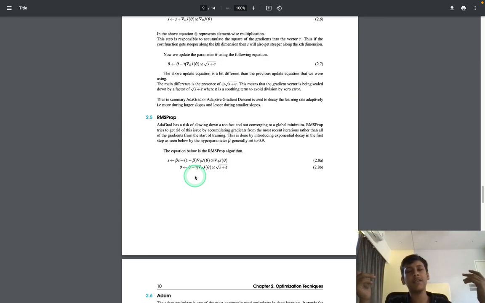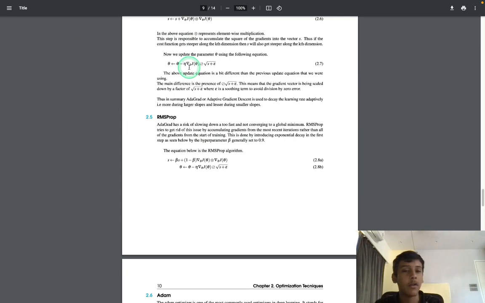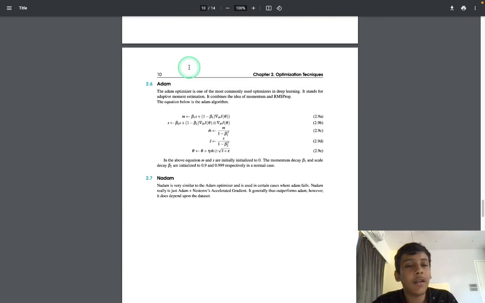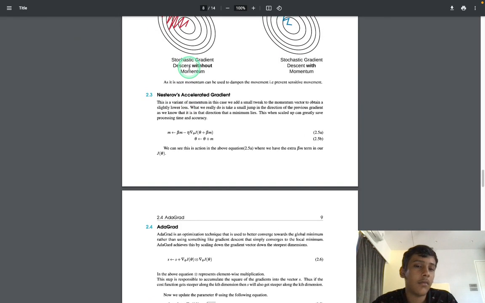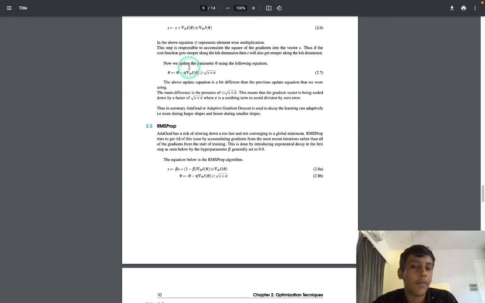Basically, the value of s gets larger and larger a little more slowly, and so the value of theta will only get small when you need it to, and won't get super small very fast, which would make your model converge at a minimum that you don't want. So that's really what Adagrad and RMS Prop do.